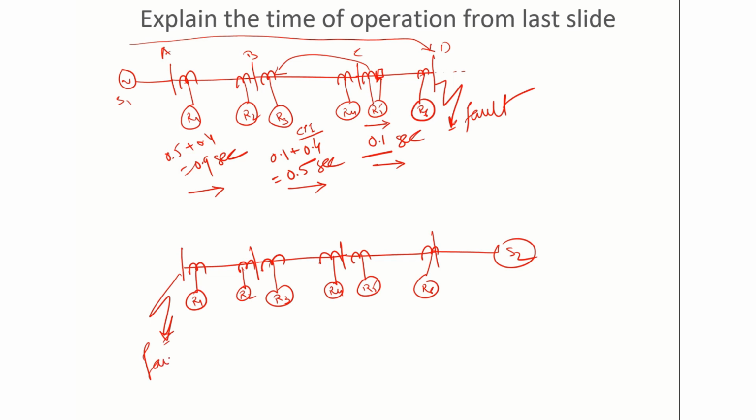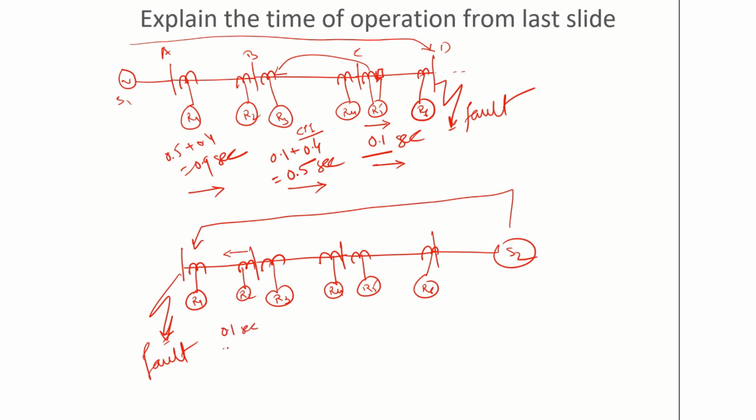So for this fault, what happens, this source S2 will feed the fault current like this, and the relay which is nearest to the fault is now R2 with this current direction. So R2 should operate with the minimum time delay, same as above, 0.1 second.